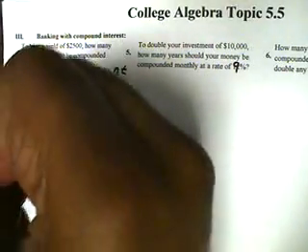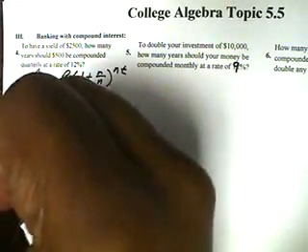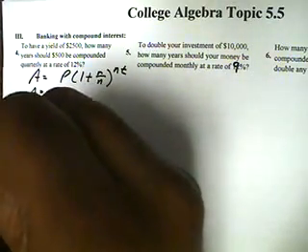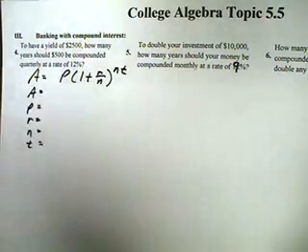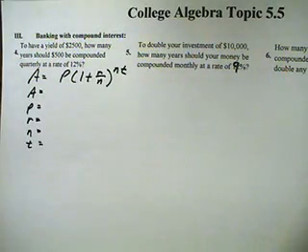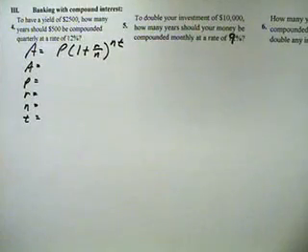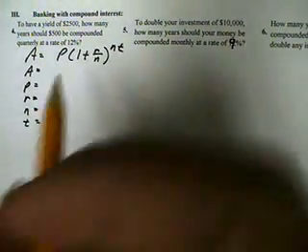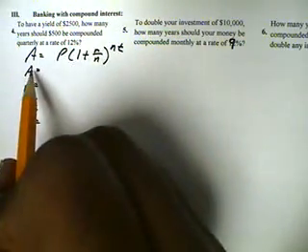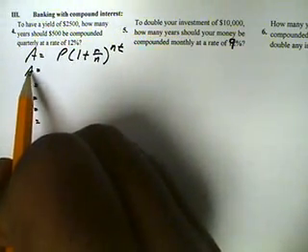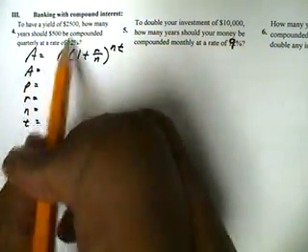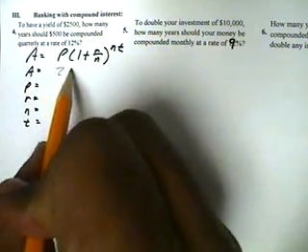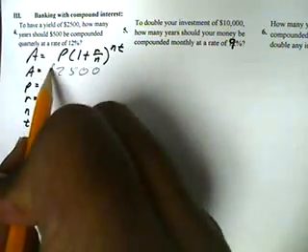Okay, so we need to know what is A, what is P, what is R, what is N, and what is T. Now, A is our yield, how much money we want at the end. We want $2,500, so this will be $2,500.